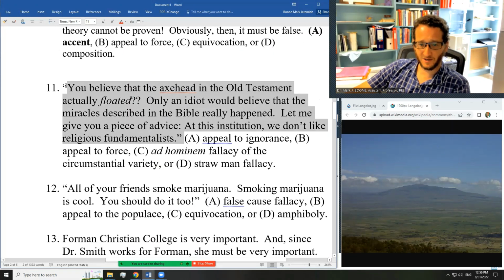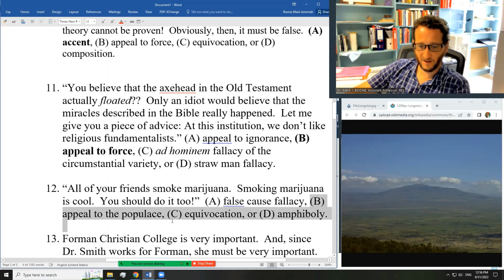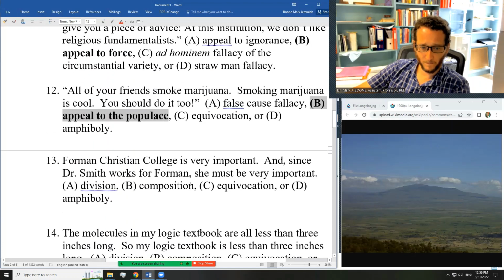You have to imagine the right context for number 11, but it sure appears to be an appeal to force, ad baculum. Number 12, very simple ad populum. 13, I already gave this example. Division.